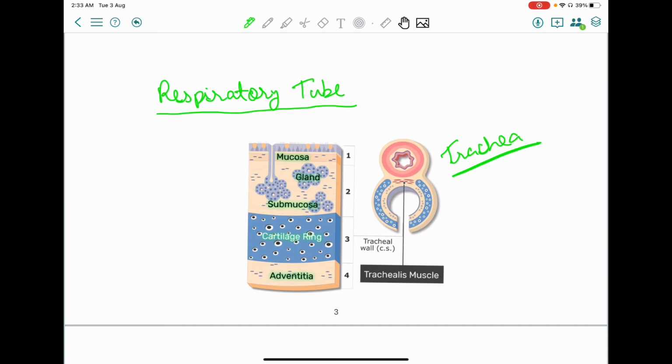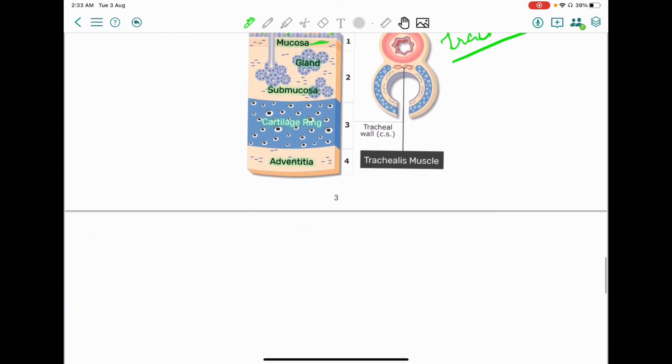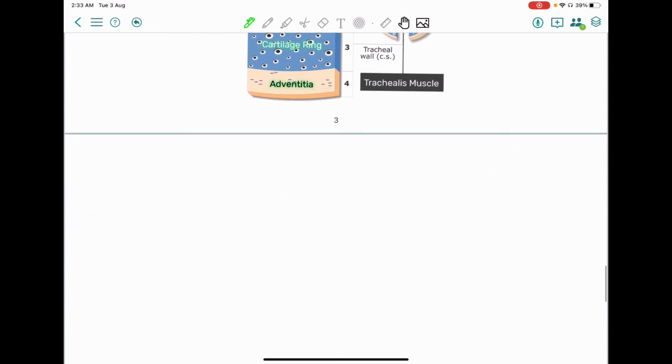So of course, at the top there is mucosa, and there will be some cilia present. Why are cilia present?